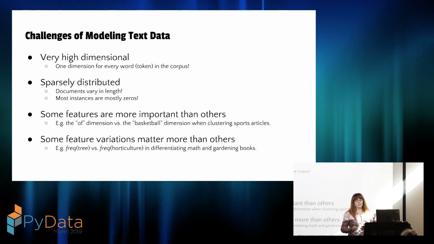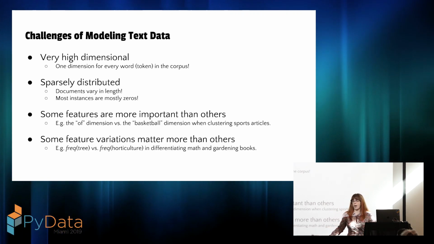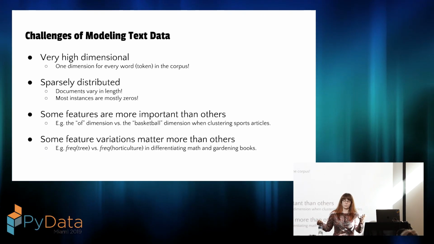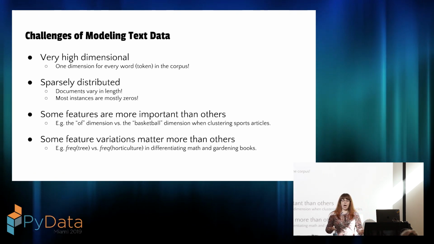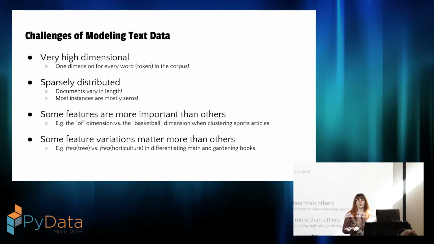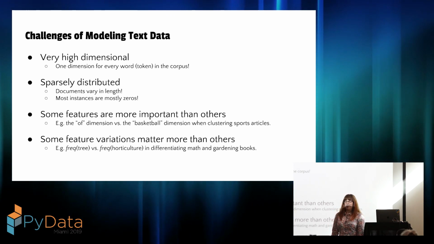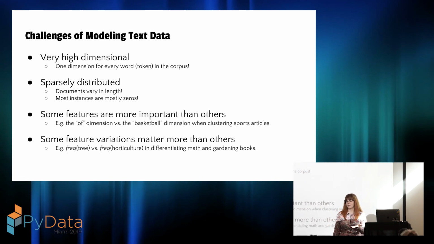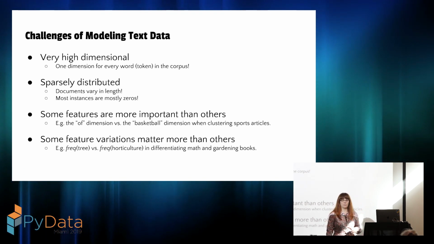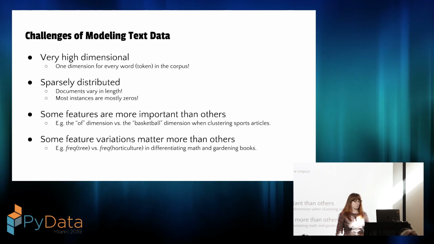If we're trying to differentiate between a bunch of different kinds of books, and some are math books and some are horticulture books, the frequency of the word tree is maybe not going to be as meaningful as the frequency of the word horticulture. That's because tree is going to appear with fairly great frequency in both kinds of books; tree means something different in math books, but it occurs in math books also.